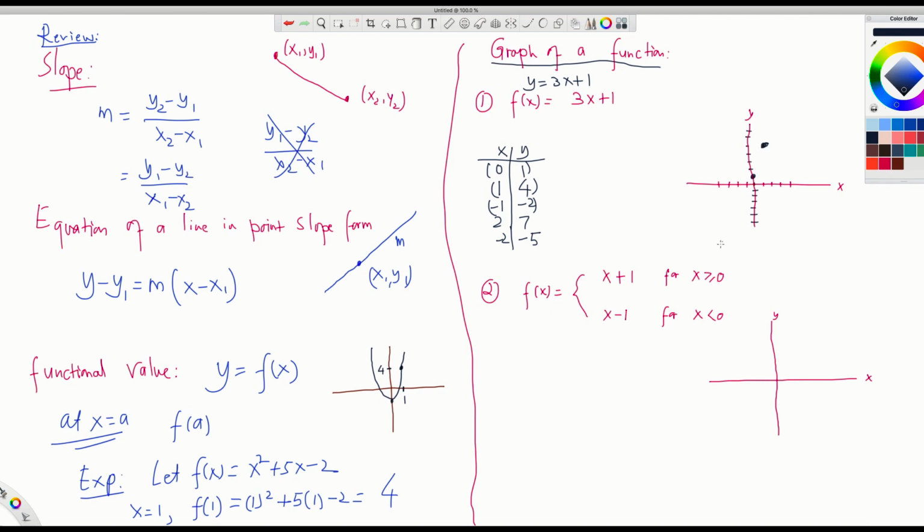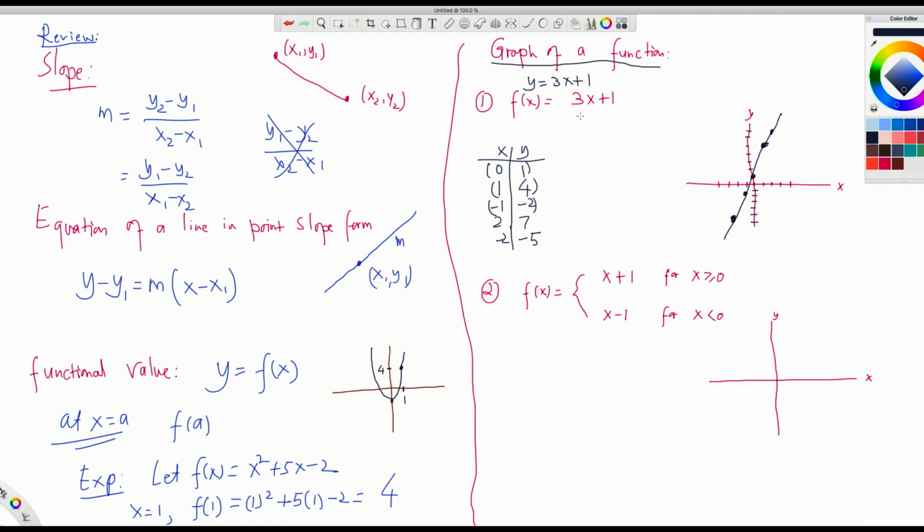This is at 1. And at -1 it is -2. You see that? And at 2 it is 7, right there. And at -2 it is -5, somewhere here. Okay, and then you draw the line, joining those points. Basically, this is how you draw the graph of a function given like this.